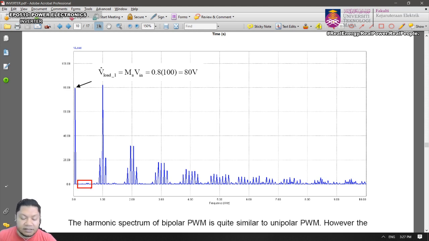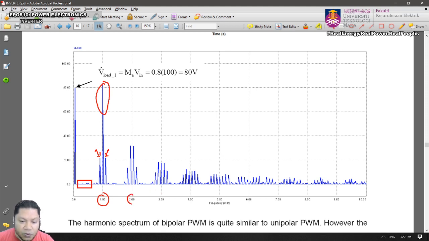The next harmonics actually exist at the switching frequency. Now at the switching frequency there is a component. Compared to the unipolar just now, there is no harmonic at the switching frequency. But for the bipolar PWM, we have the components at the switching frequency as well as the side bands, the harmonics around the switching frequency, and they only exist for, look at this, 1, 3.